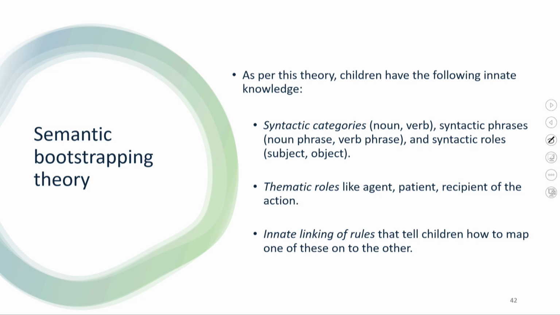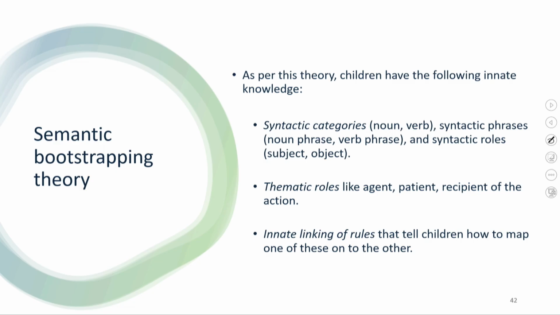The semantic bootstrapping theory talks about how children go from identifying words to understanding syntax and producing syntax, what is the route that they take. This theory says that it takes the route of semantic bootstrapping. How does it happen?